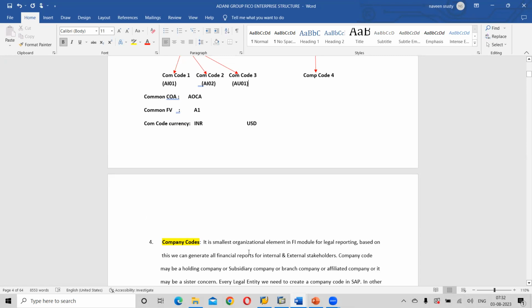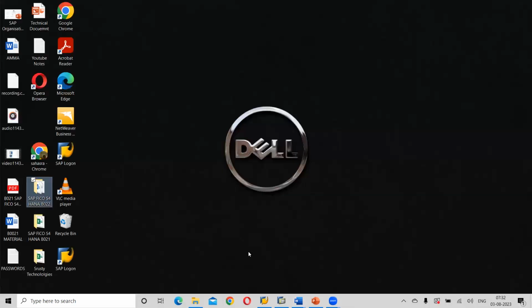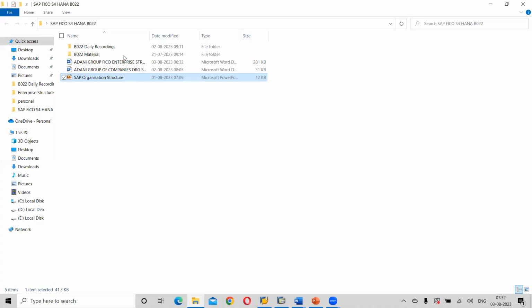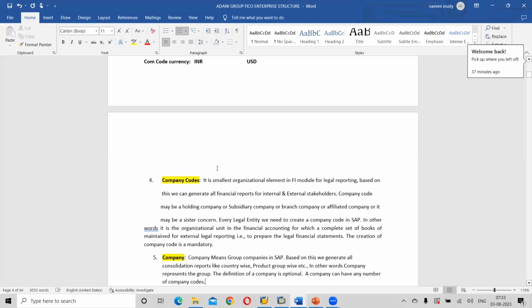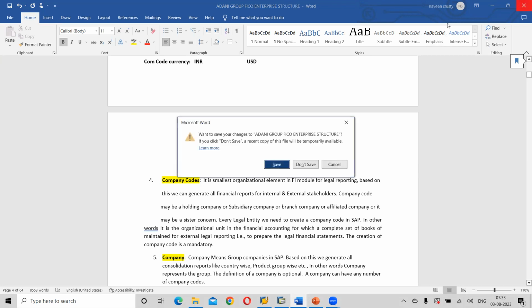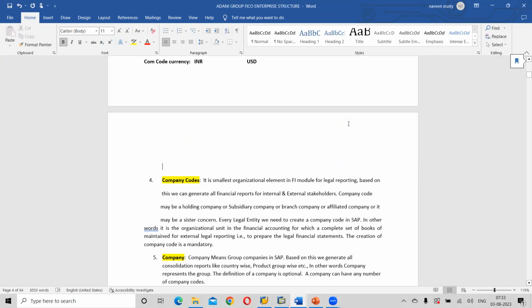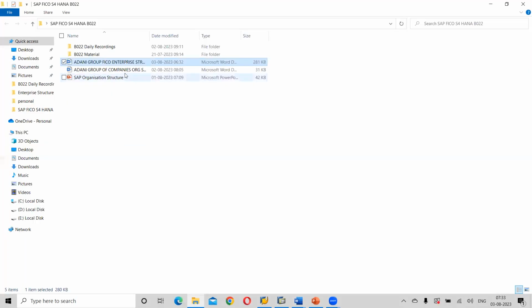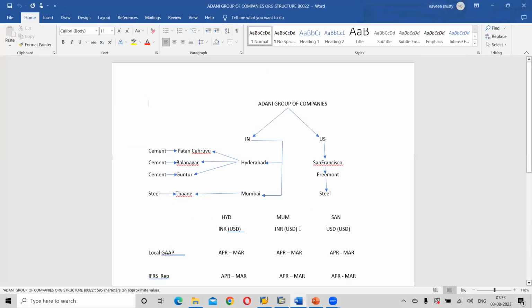See here, in the Adani Group, I have companies in Hyderabad, Mumbai, and the US, San Francisco. Able to see the screen, right? Yes.